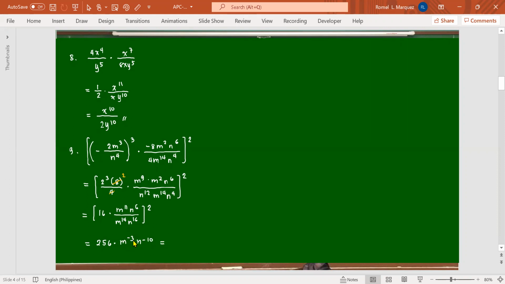So this M to the negative 3, N to the negative 10, when you bring them to the denominator, they will become powers with positive exponent. Okay, children? So 256 over M cubed N to the 10. Okay? So let's have number 10.